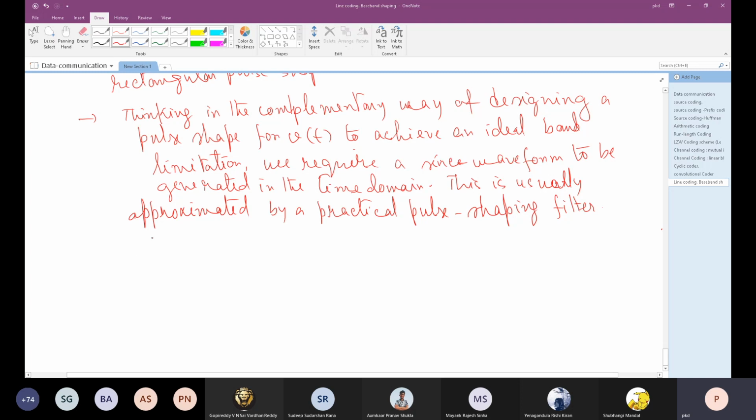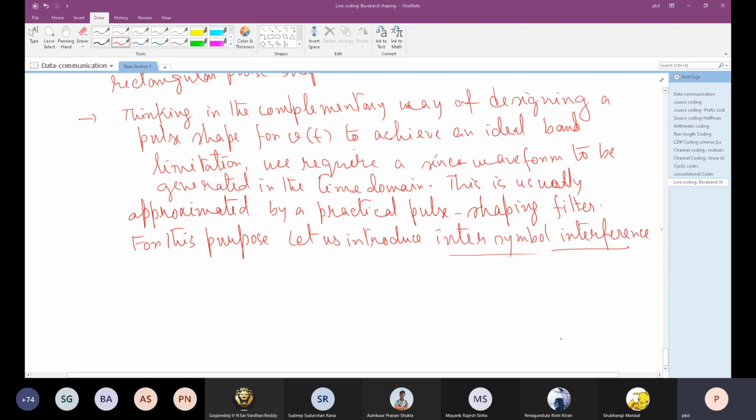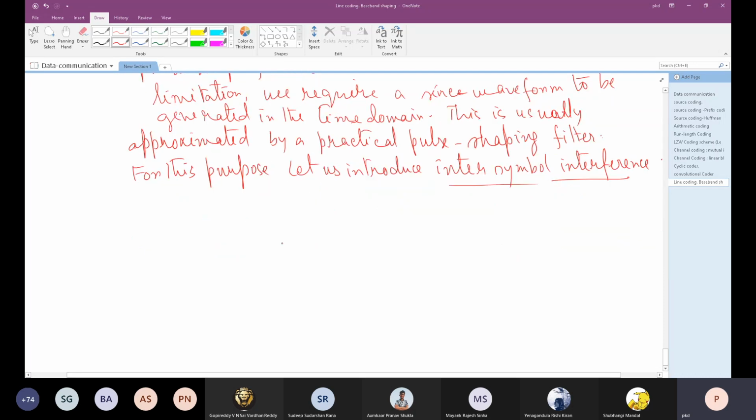So for this purpose, let us introduce a parameter named intersymbol interference, or in short, this is popularly known as ISI.